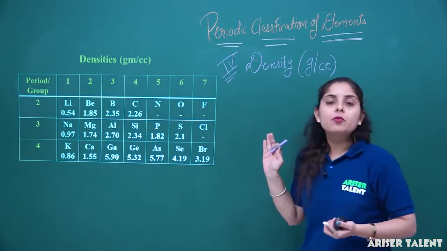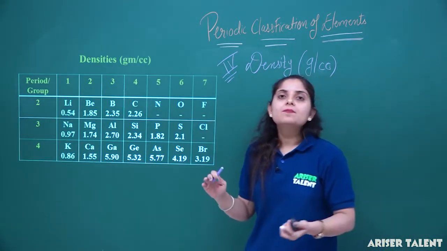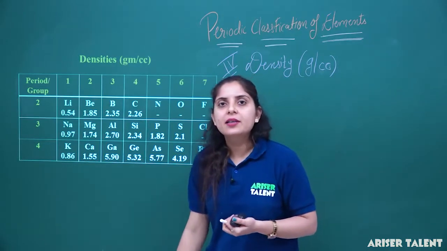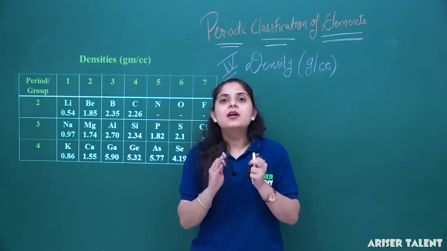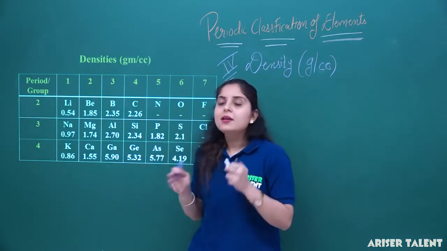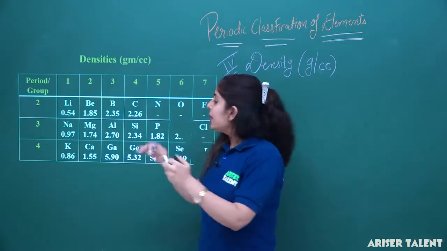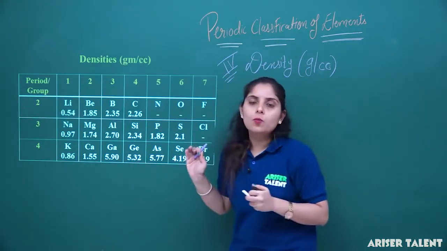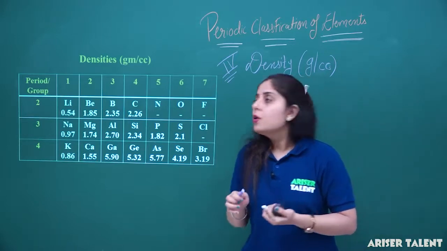So density is related to the increase in atomic number. It first shows an increasing trend, then becomes constant, and again shows a downward slope. It means it will again decrease in the group.